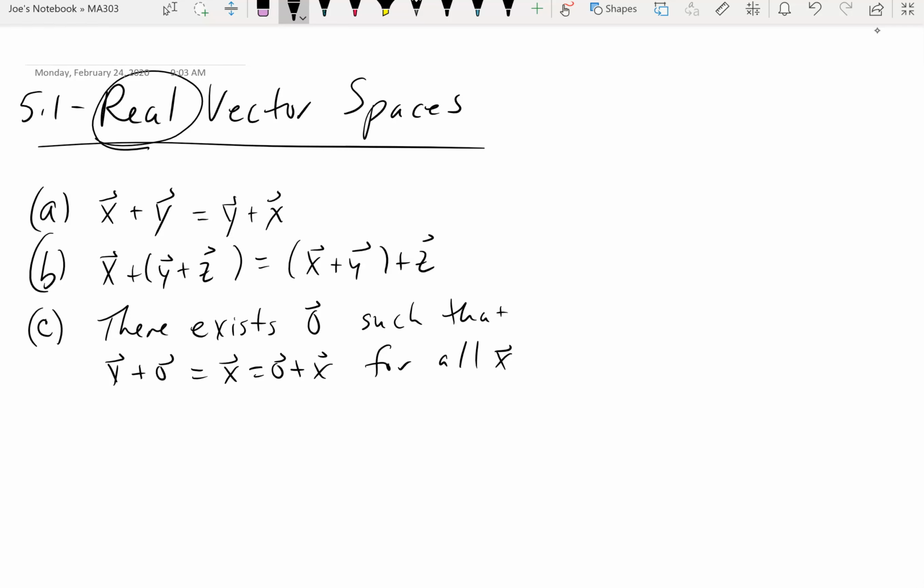Okay? So it's important to know that when you're doing this particular property, it refers to what the operation is, not what you're used to seeing the 0 vector as being. Okay? Same thing with the inverse.